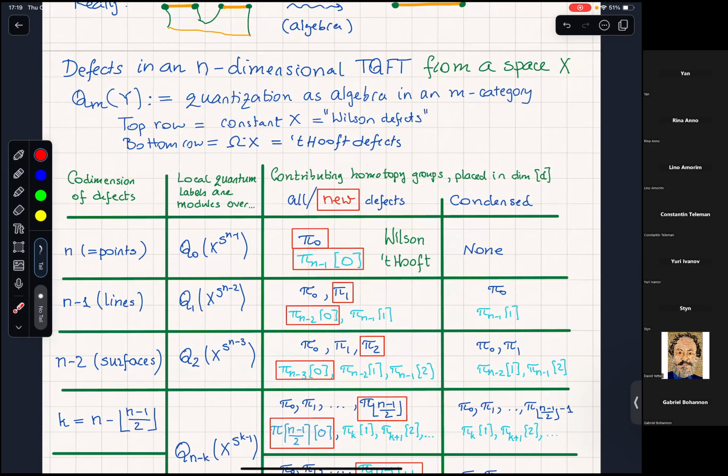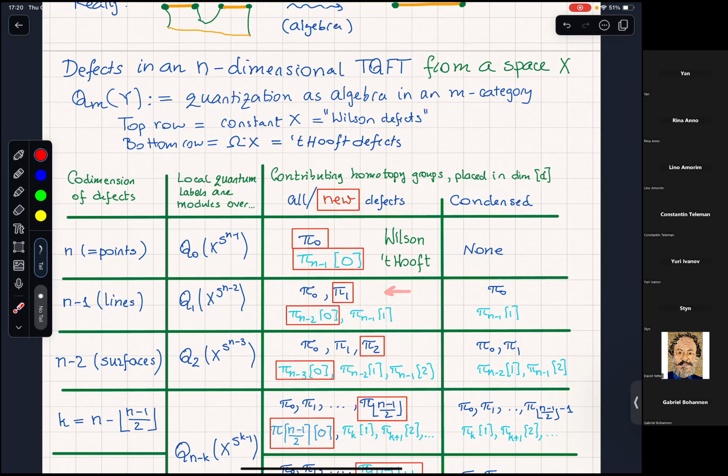The first row I call Wilson defects, the second I call Tooth defects, because if you're in dimension 3 and looking at lines, so n is 3, the top row indeed you can ignore pi naught, basically. Pi 1 of X is related to Wilson defects, and pi 1 also is related to Tooth defects, but in slightly different ways.